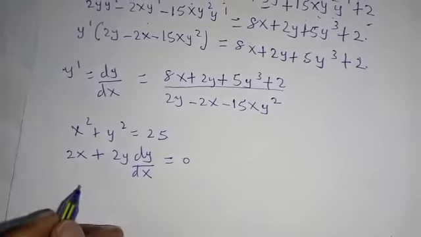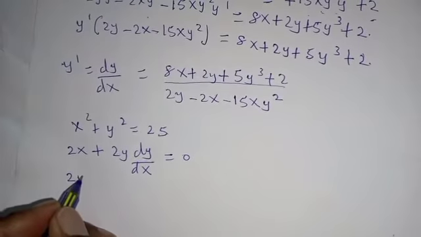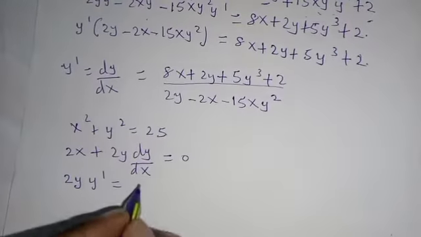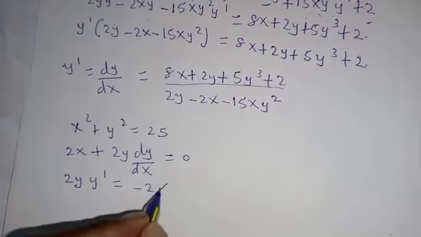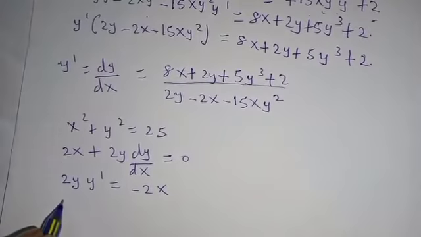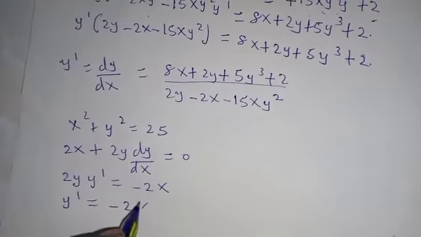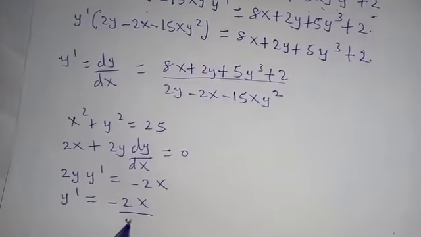We can take 2x to the other side, so we are going to be left with 2y y prime, which is equal to negative 2x. We divide by 2y both sides, y prime is equal to negative 2x over 2y.